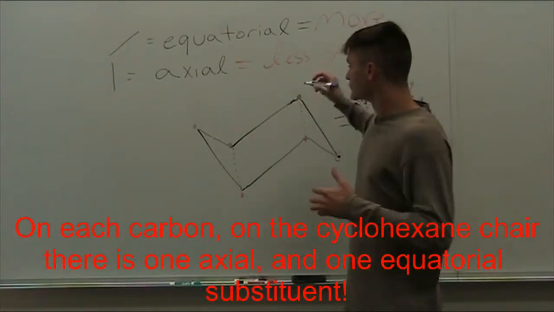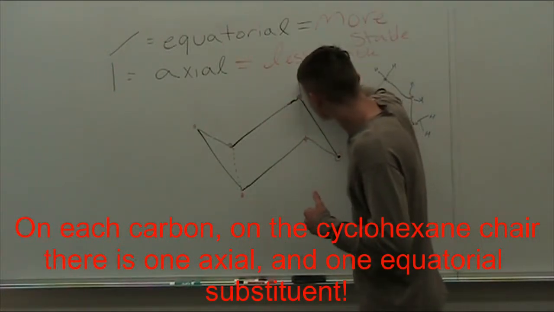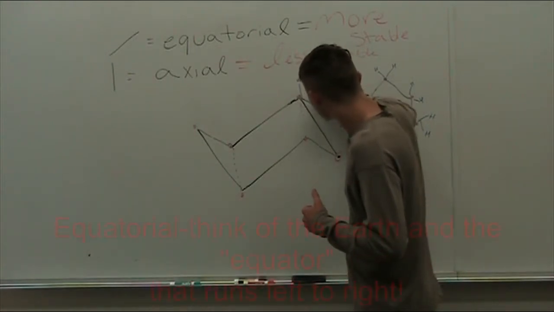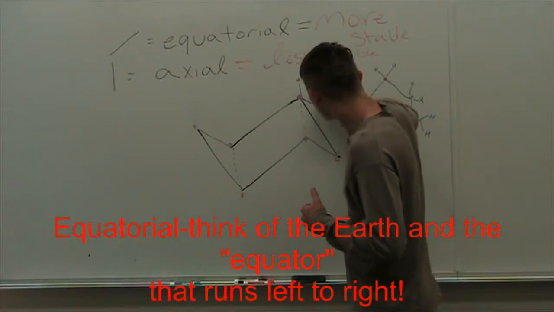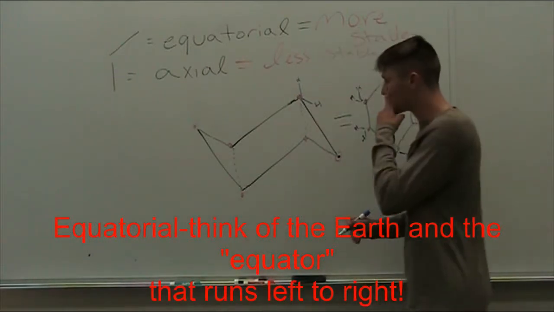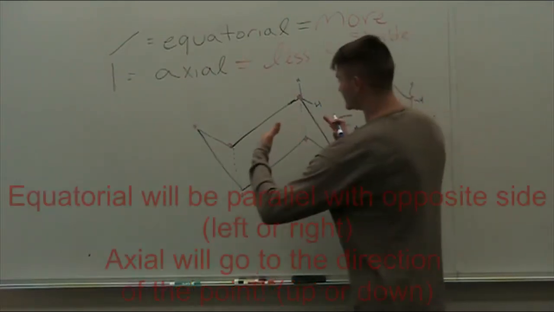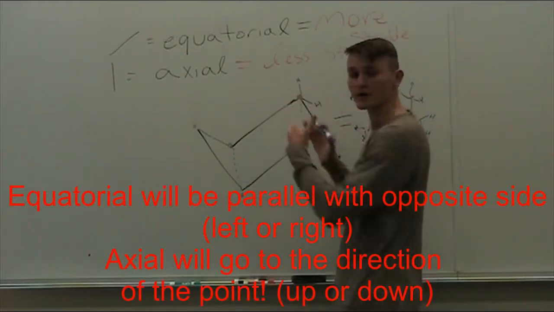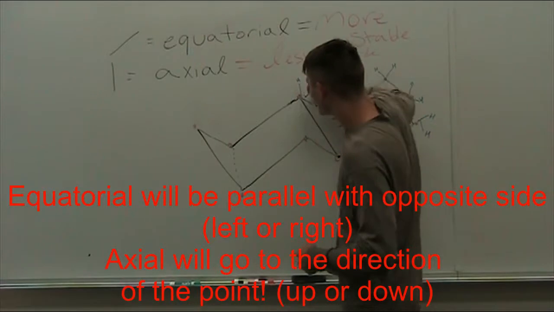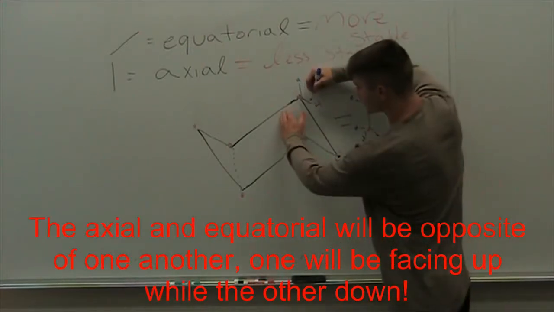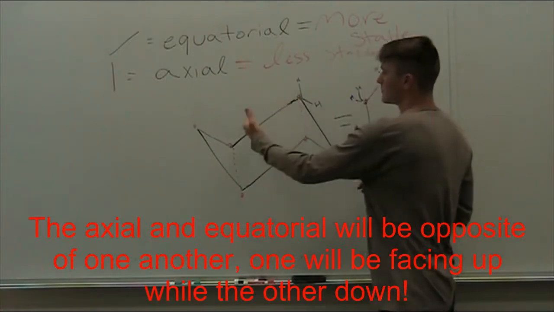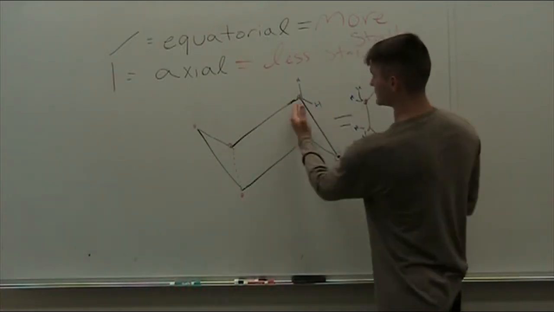So you're going to have an axial hydrogen and an equatorial hydrogen. I'm going to get to this right now. This is a good way to memorize it. If both lines are going forward or up, then the axial will be up, and the equatorial you'll take the opposite side, almost like a mirror image.